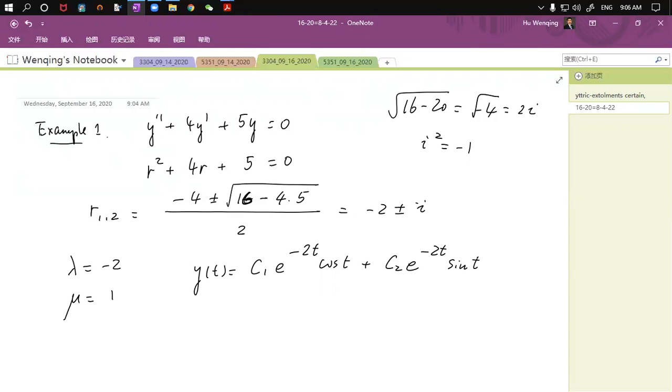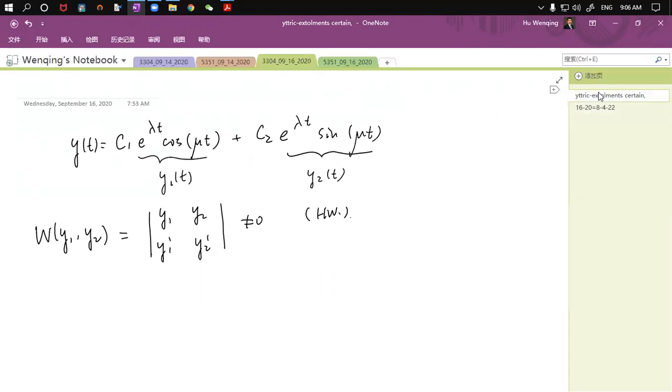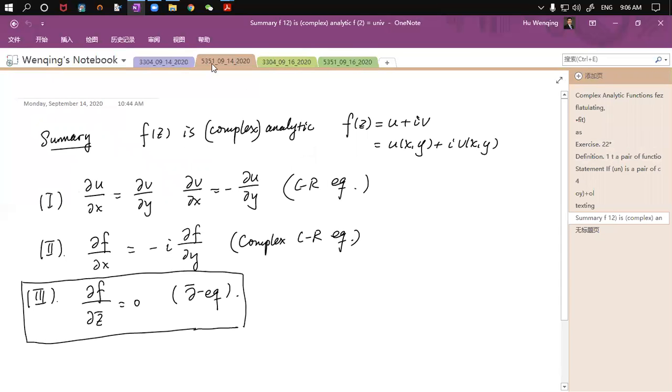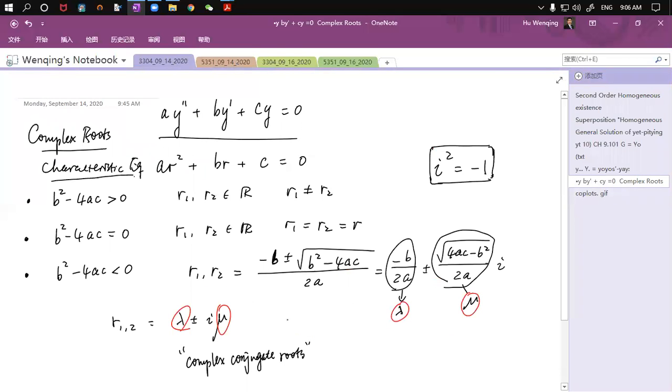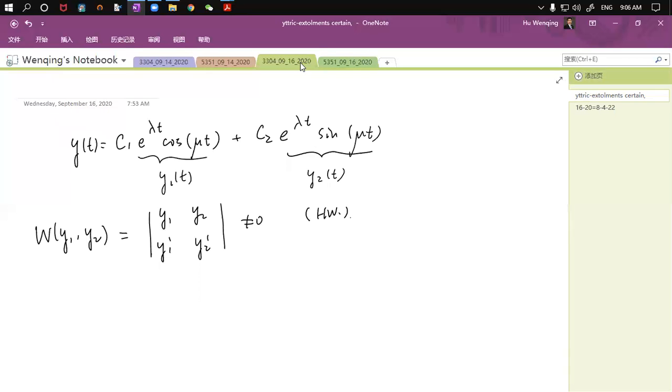Now the question is, can you take mu equal to minus 1? This is a plus minus, but it doesn't matter whether you take the plus or the minus. Does it impair my solution?